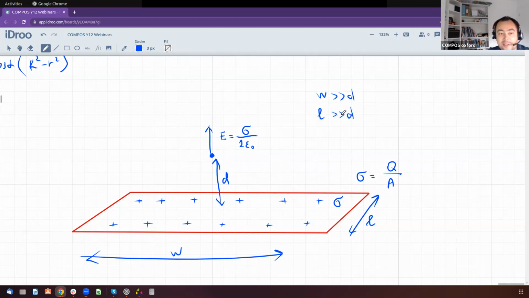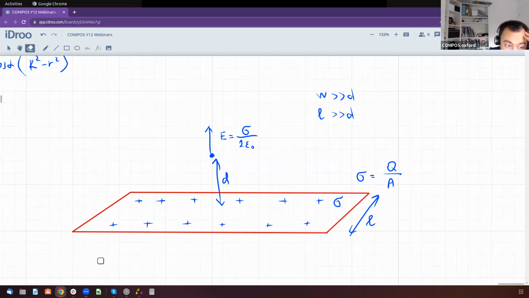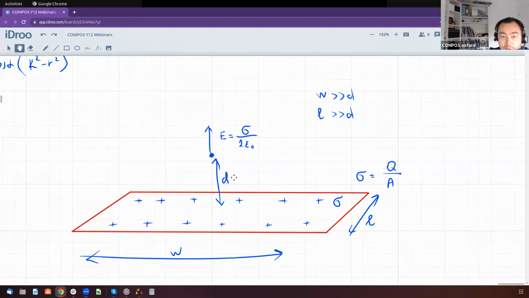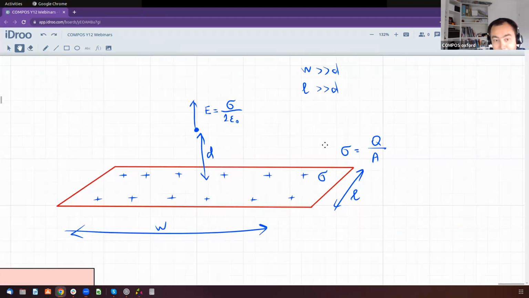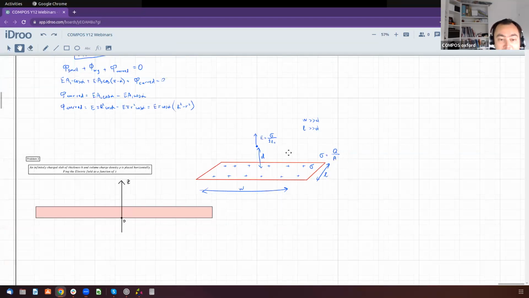So basically, it's a plane which is large compared to the distance, right? So obviously it is not infinite, but this formula works really nicely with planes which are reasonably large and you're reasonably close to them.